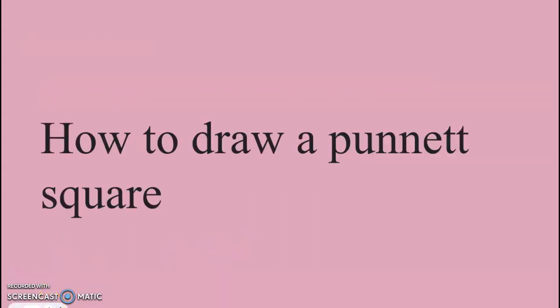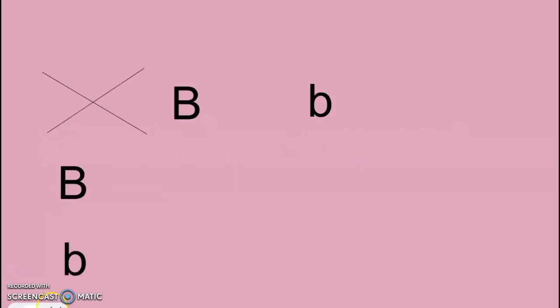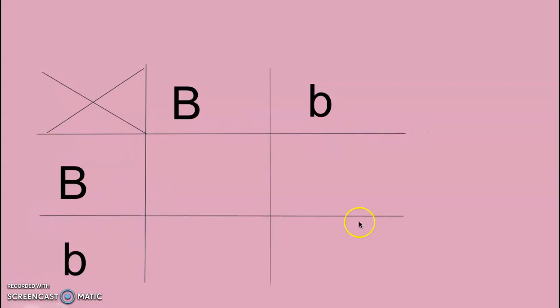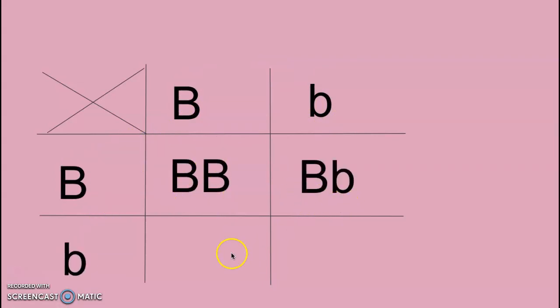Next, I'm going to teach you how to draw a Punnett square, which is fairly easy. I know you guys can do it. As you see, you draw your line right there, draw another line, and another line, and then you have your traits, and then you write them out: capital B, lowercase b, and lowercase b, lowercase b.